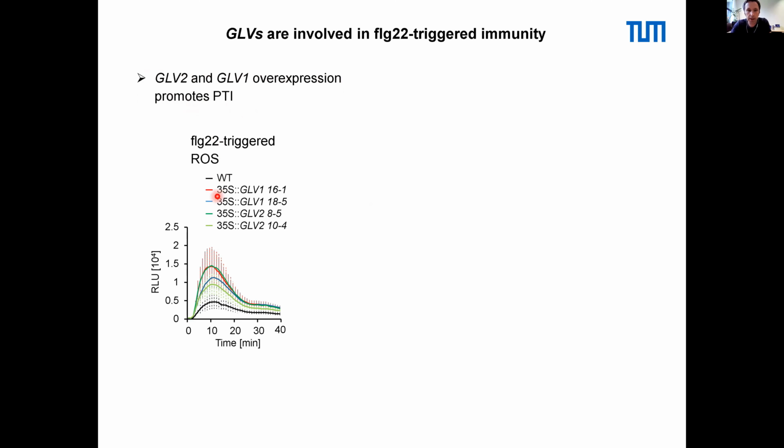And we noticed that indeed these plants have a differential behavior after FLAG22 stimulation, as indicated here in this ROS burst experiment, where we measure the production of reactive oxygen species upon elicitation with FLAG22. You see the black curve is the wild type here, and all these Golvan1 and Golvan2 overexpression lines respond stronger to elicitation, suggesting that they may play a positive regulatory role in FLAG22 triggered immunity.